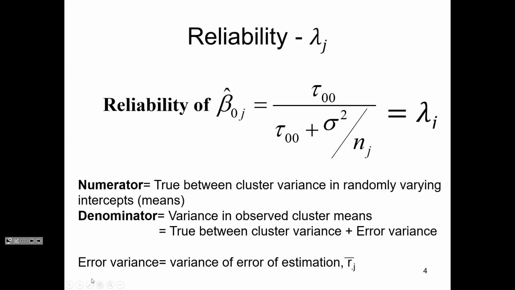I'm making these numbers up, but maybe the reliability for the cluster mean of 500 is like 0.95, whereas with only 5 people per cluster, the reliability with which I can estimate the true cluster mean might only be 0.4.